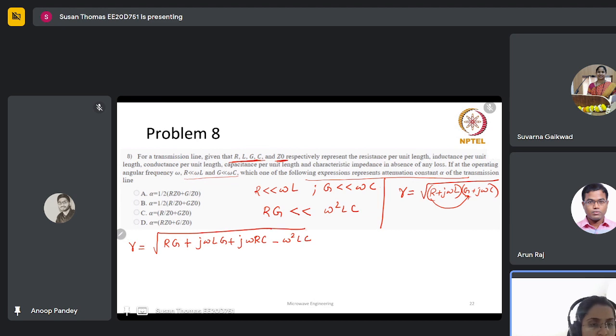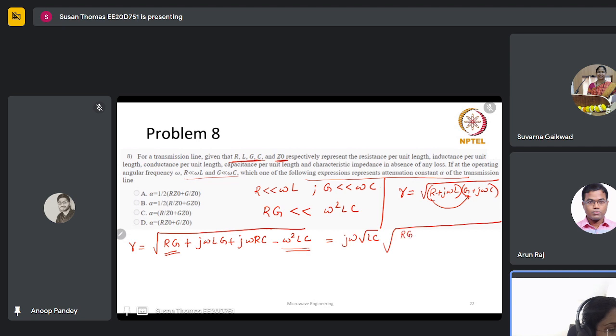This is pure expansion. Now I want to take the term omega square LC outside the square root, so that it becomes j omega root LC. Under the square root, the first term is RG, which I divide by omega square LC.